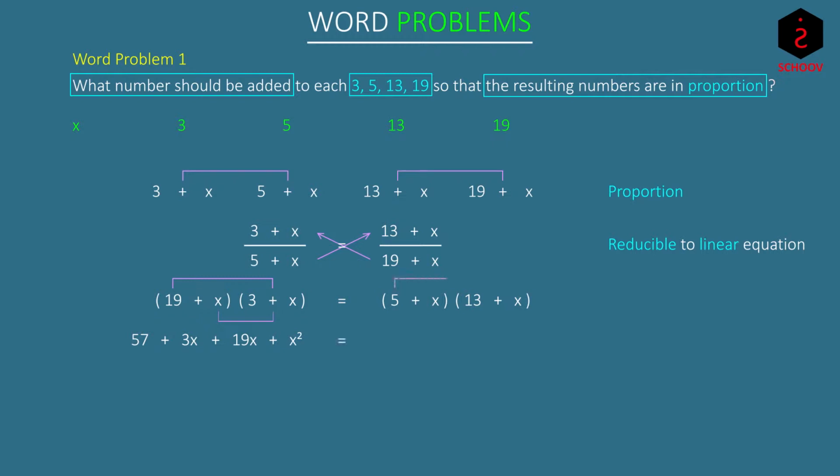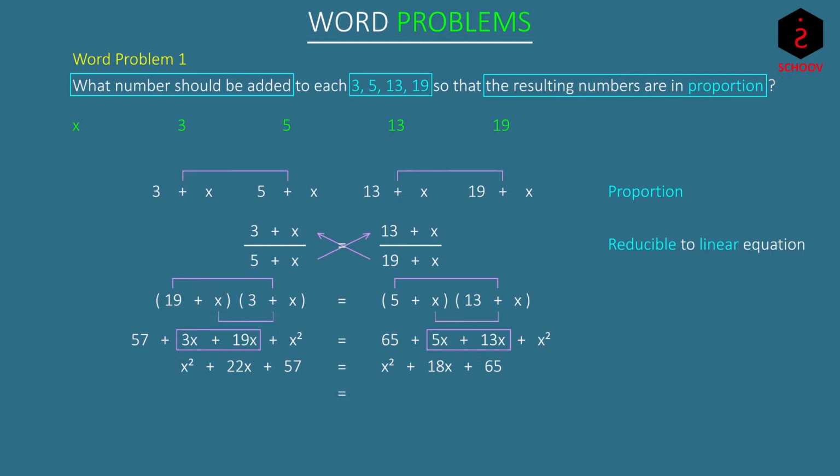And do the same for RHS to get a polynomial. Add like terms on both sides. So we get x squared plus 22x plus 57 equal to x squared plus 18x plus 65.